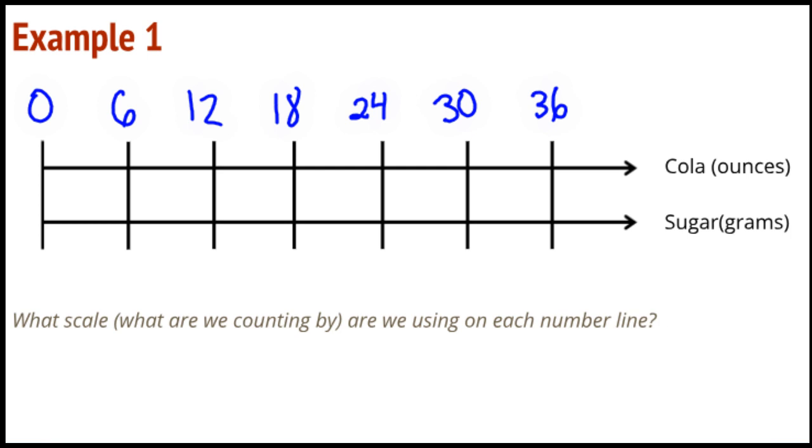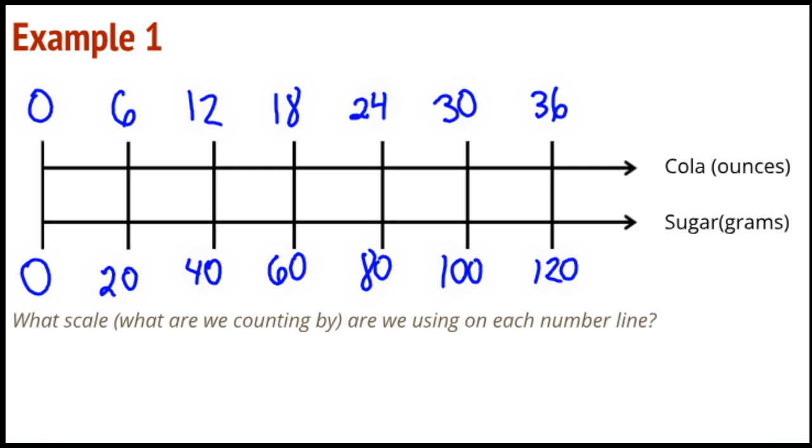And when we were counting the sugar, we were counting by 20s. And we know that the 34 is somewhere in between there. So now what we need to do is we need to get 34 on our double number line.